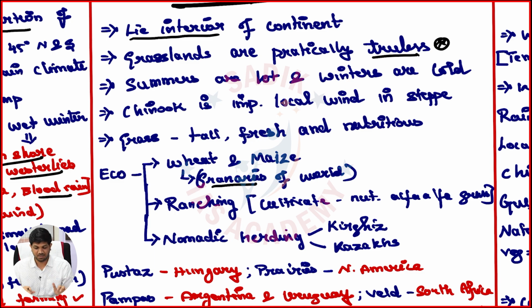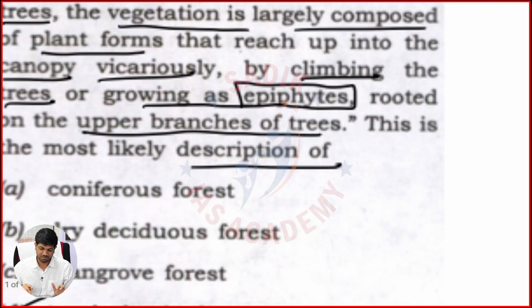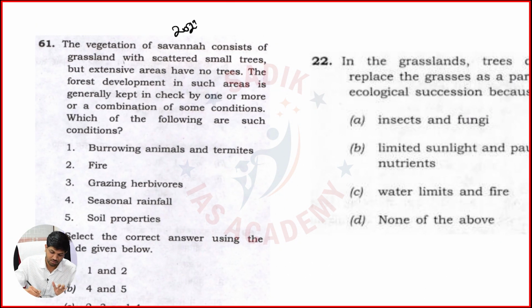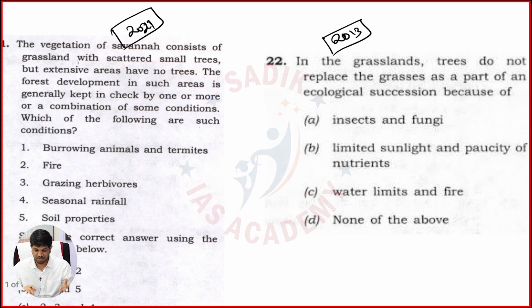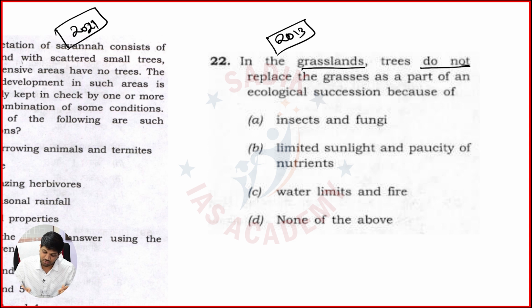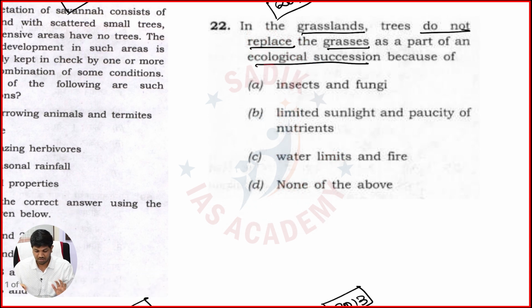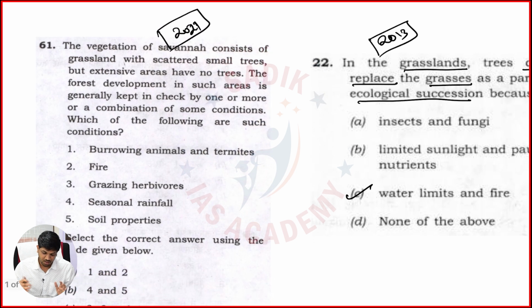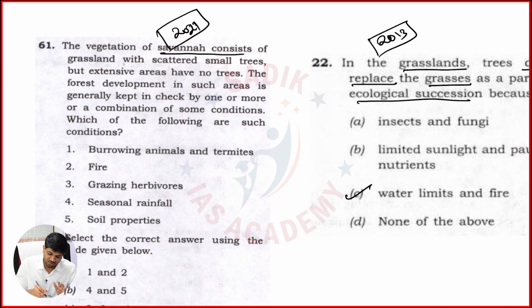Why is it practically treeless? That is the question of 2021 and 2013. It is nothing but that in the grassland, the trees do not replace the grasses as part of an ecological succession because of water limits and fire. Here also, the vegetation of the savanna consists of grassland with scattered small trees, but extensive areas have no trees.